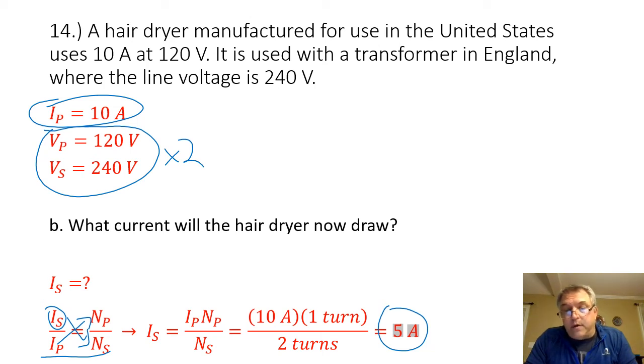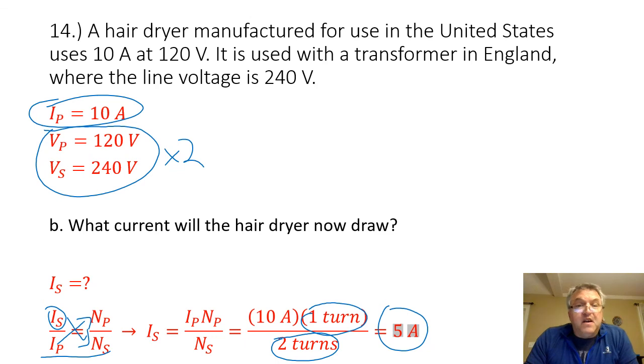The other thing I want to point out here is that we used 1 turn for the primary coil and 2 turns for the secondary coil. We don't know how many turns are actually on the transformer, and that's not necessarily important. What's important is that 2:1 ratio. That's what needs to be maintained. We could have as many turns on the primary coil and the secondary coil as we want, as long as that 2:1 ratio is maintained.